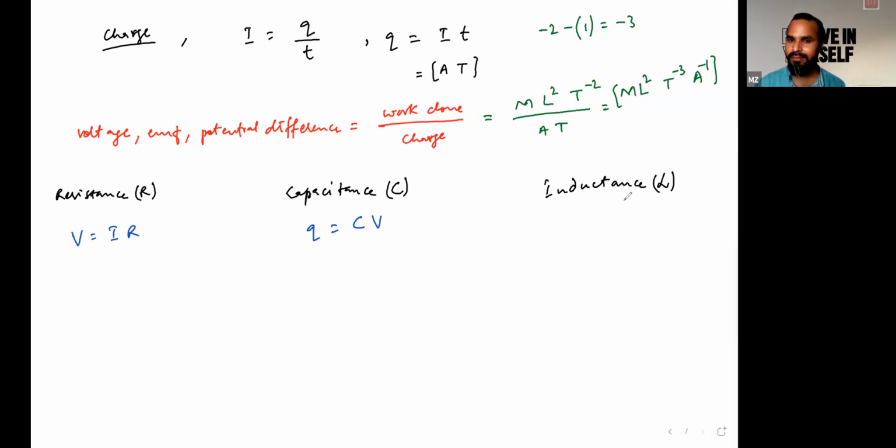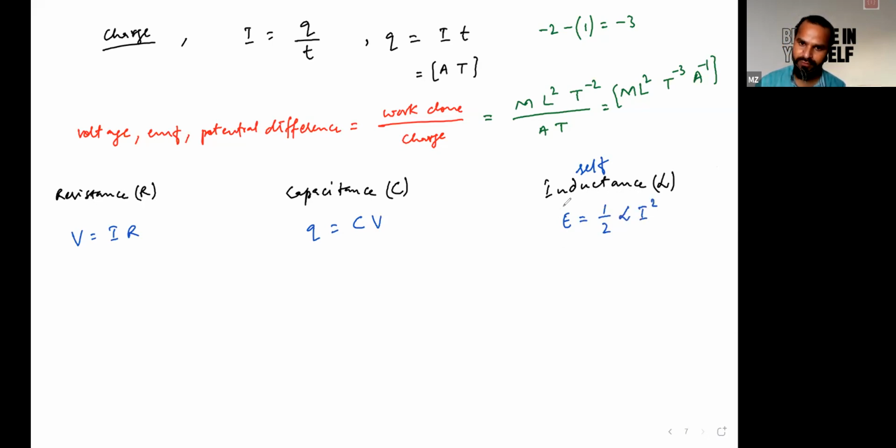Similarly, inductance is the opposition caused to the flow of variable current by any coil, or you can call it self-inductance. For this, energy equals half L I².